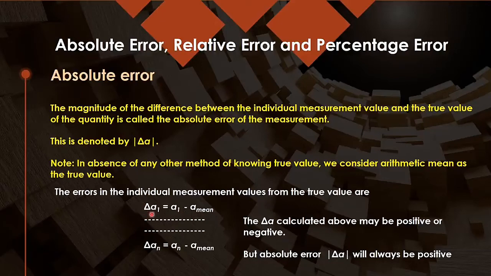Similarly, you can find it for the second, third or nth observation. The point to be noted: when you find delta A, you can get a positive or negative result, but absolute error is always positive, so we write it with the modulus sign.